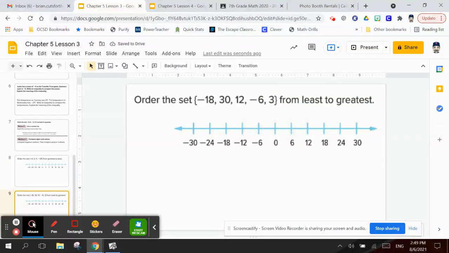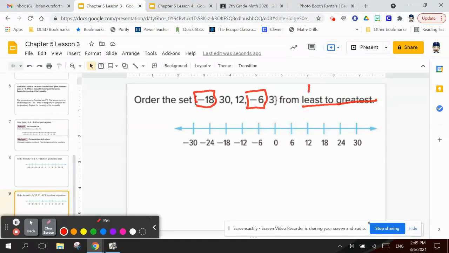And the last one is order the set of numbers -18, 30, 12, -6, and 3. What I'm going to do is not use the number line. I'm going to compare the negatives together first. We want to go from least to greatest, smallest to largest. So I have -18 and -6. Which one of those is closer to 0? Right, -6. So it is larger than -18.